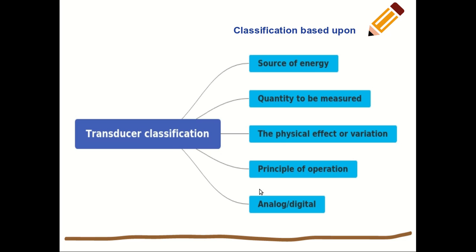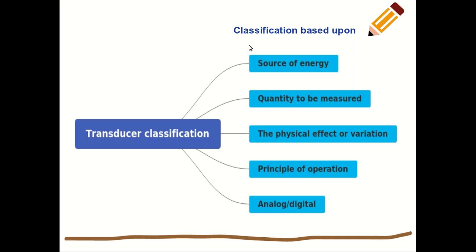Transducers are classified according to the principle of operation also. Transducers are also classified as either analog or digital transducers. One more branch that I haven't included here: transducers are also classified as primary or secondary transducers, or transducer or inverse transducer.